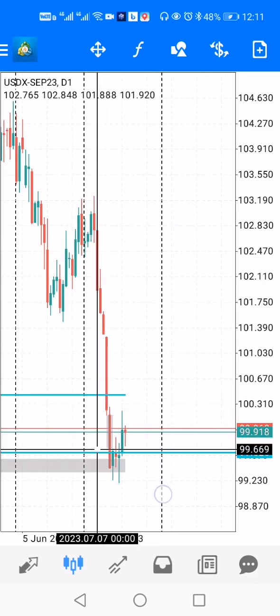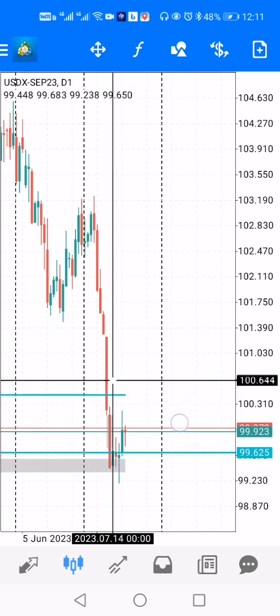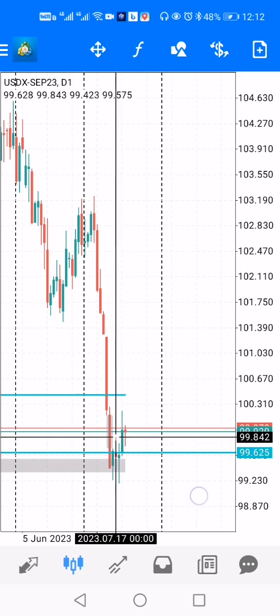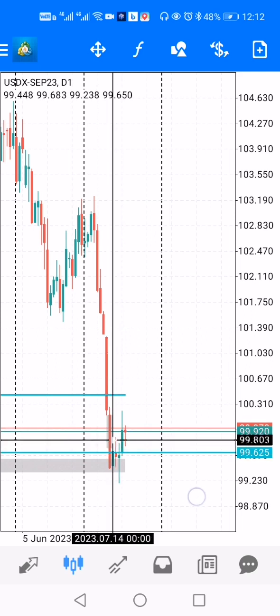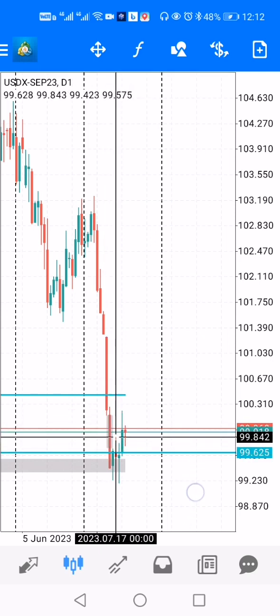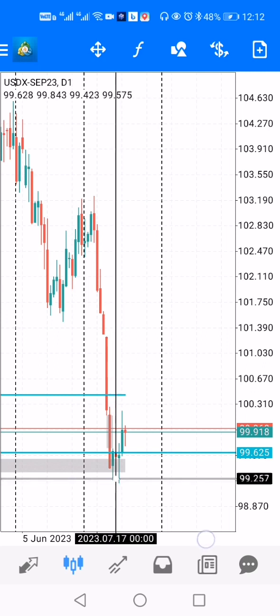On the daily time frame, we can see a market structure shift, whereby price had traded all the way down, and in the beginning of the week we still held that bearish momentum. Monday it dipped into this fair value gap like we had anticipated, and traded into this low here.